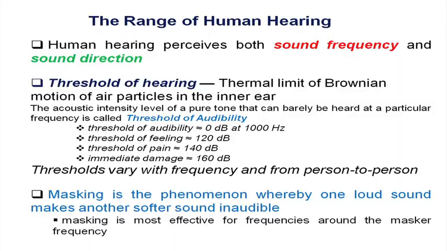Now, the human range of hearing: sound frequency and sound direction, and the threshold of hearing. There is a human threshold of hearing. The threshold of hearing means the minimum acoustical pressure which can create a sensation in our nervous system.